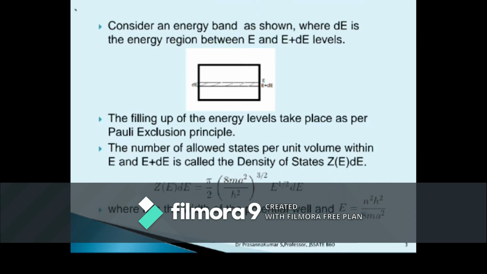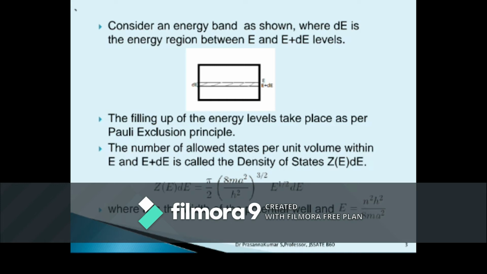I have considered an energy band, and chosen a small portion of energy, the range between E and E plus dE. I am choosing a small strip of energy dE. Now I am trying to find how many electrons are occupied in this particular energy range, that is, how many electrons are there within E and E plus dE.